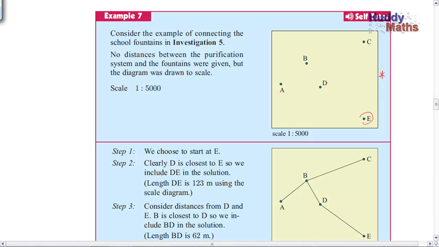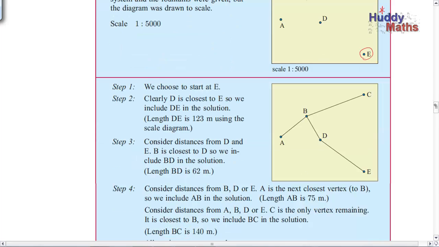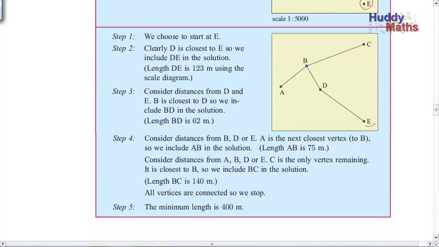Choose to start at E. Come down here with the drawing from the book. We choose to start at E; you can choose anywhere, but we've chosen E. So what's the closest point? Just by looking at this scale drawing, you can see D is closest, so we'll go there. DE is our first part of the solution.